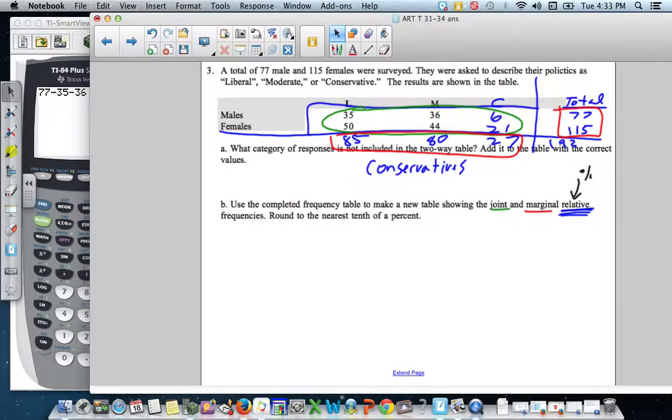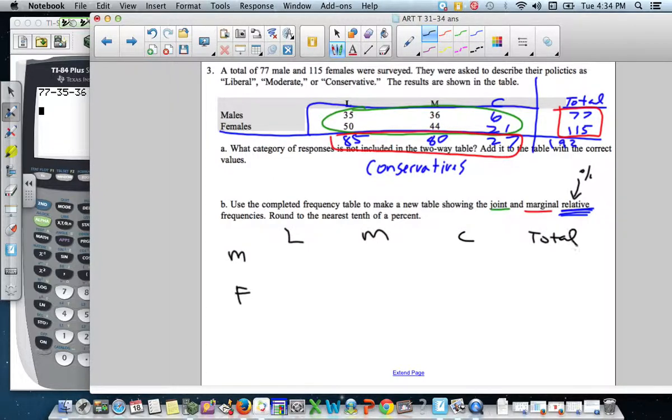So that means you're going to convert them to percents. To convert them to percents, we're going to take them all divided by the grand total. So I have males, females, liberal, moderate, conservative, total. So in green again, I'll do the joint relative frequencies.